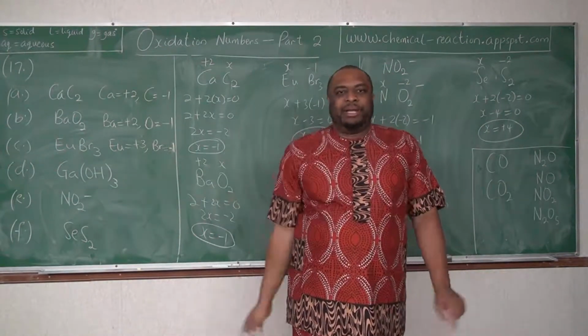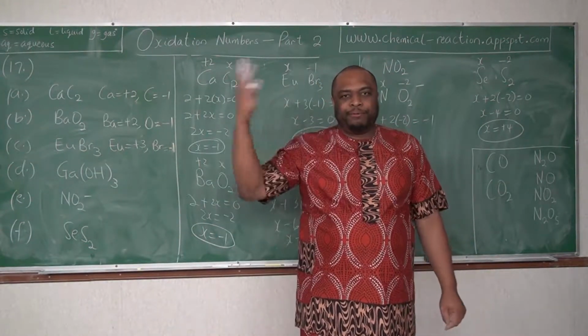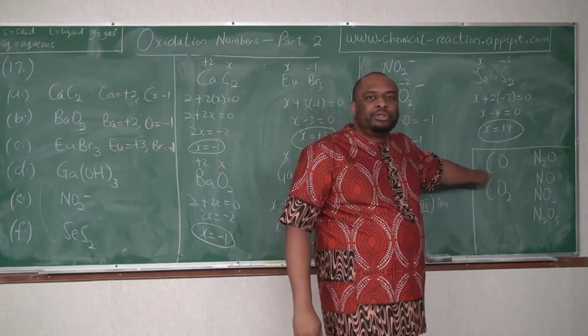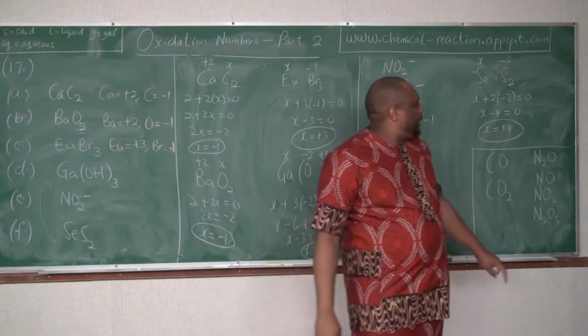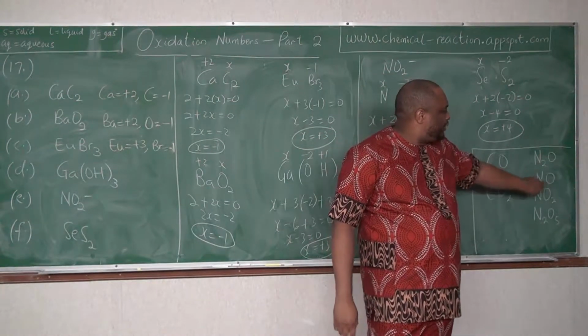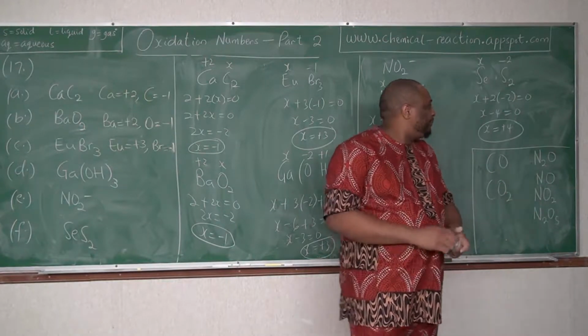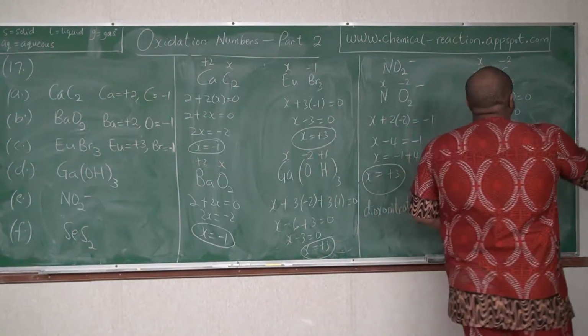But that is common names. IUPAC name is carbon 4 oxide. Carbon 2 oxide. Nitrogen 1 oxide. Nitrogen 2 oxide. Nitrogen 4 oxide. Nitrogen 5 oxide. Now look at this one here.